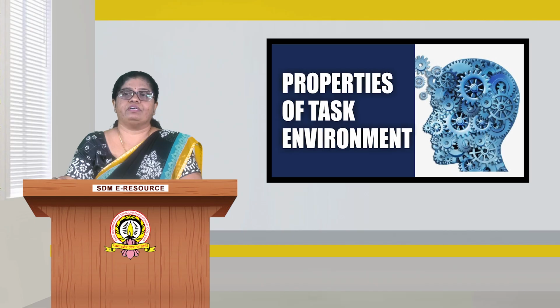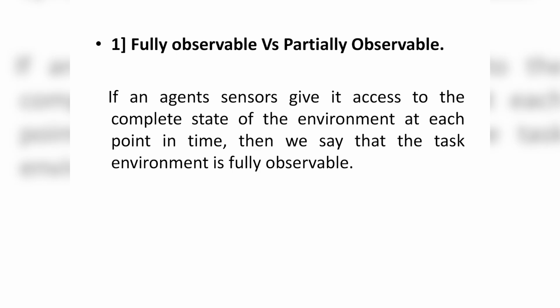Let me explain fully observable versus partially observable. If an agent's sensors give full access to the complete state of the environment, then such an environment is called a fully observable environment.